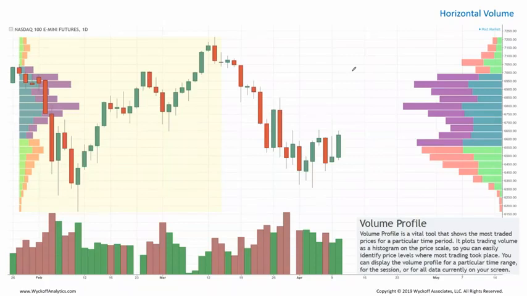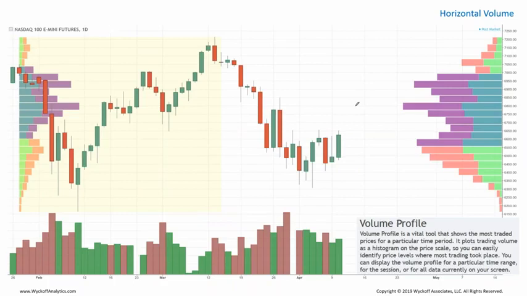On this chart, you see both the vertical and horizontal volume signatures, and we're first going to look into the yellow square. This yellow square shows the price of Nasdaq 100 futures on a daily chart, at the beginning of 2018, that first initial change of character that we had.